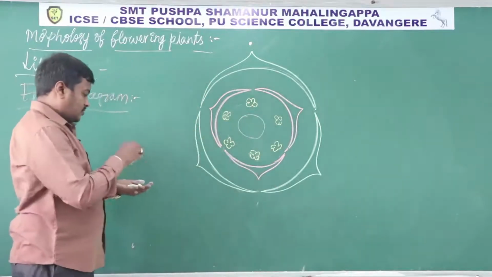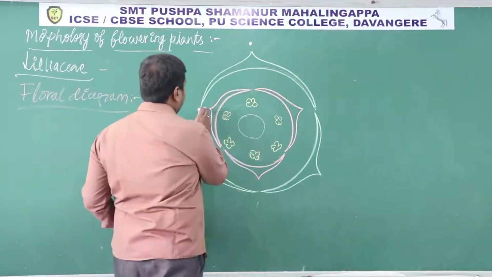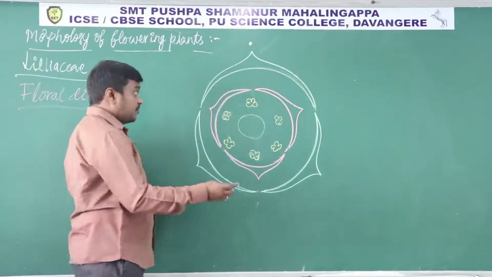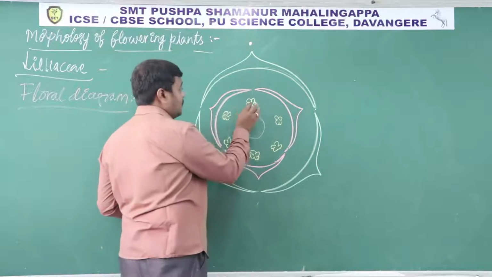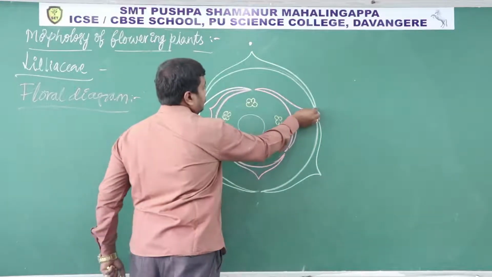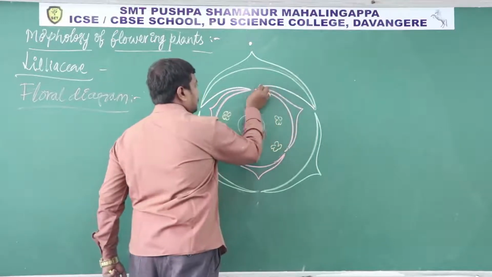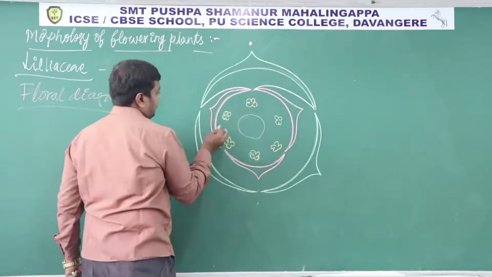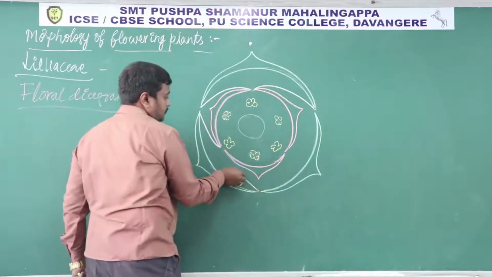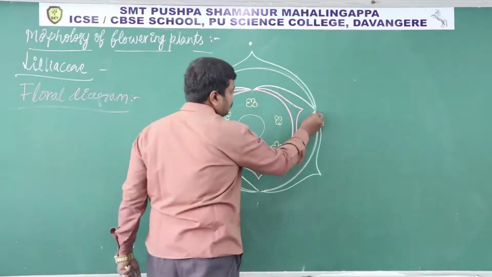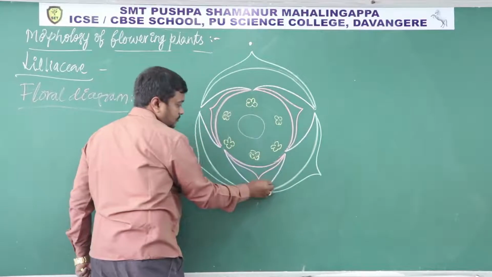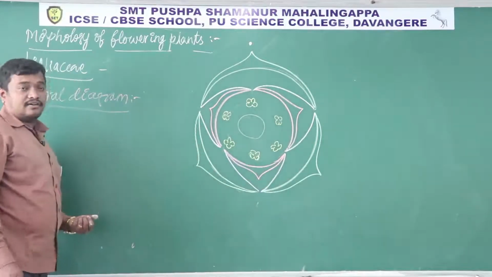Okay, then you need to remember one important point here. All the tepals are fused. Tepals are fused, so you need to show that tepal fusion like this. So this is how tepals are fused.